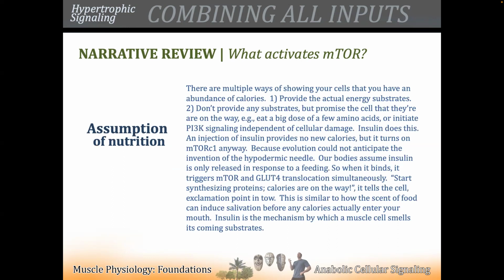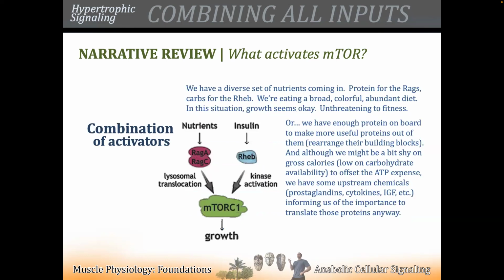You don't have to eat 30 grams of protein in a sitting to promote mTOR's localization, the movement of mTOR. You can just eat whatever amount of leucine, arginine, methionine and lysine is in those 30 grams. Just ignore the other 16 and eat that amount of those four amino acids, and you're going to get the same effect with Rag protein. So you don't need to eat whole, complete proteins to get that effect. You can sort of trick your cells into thinking an amount of nutrition has been received.